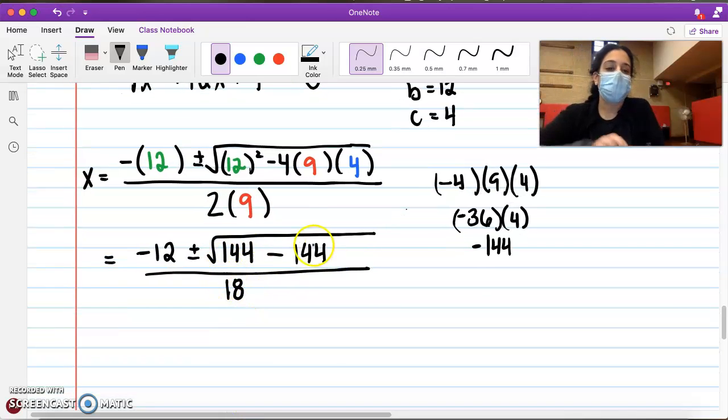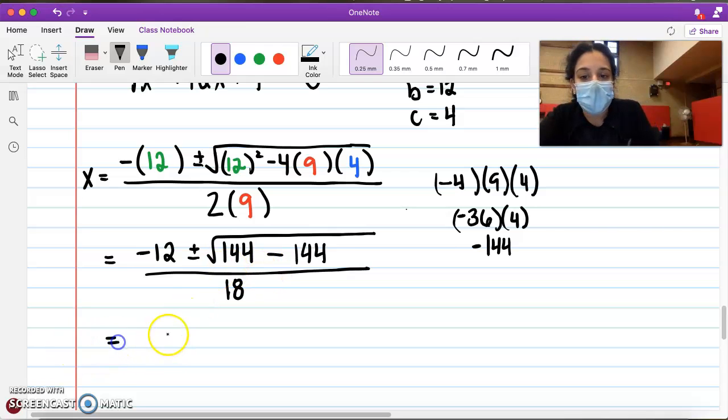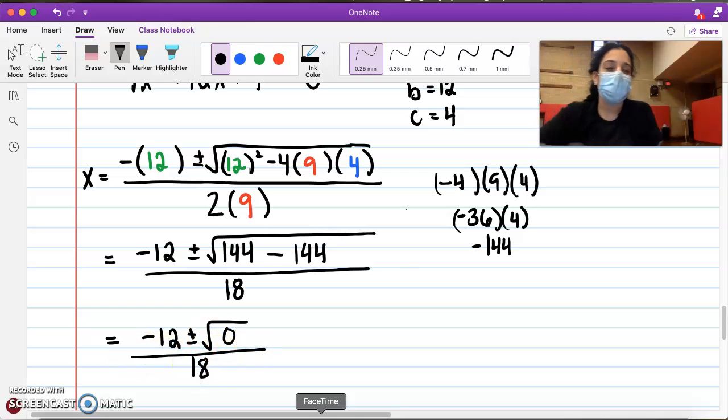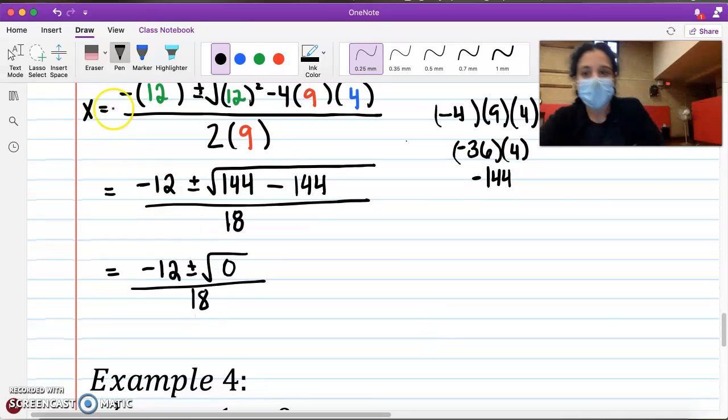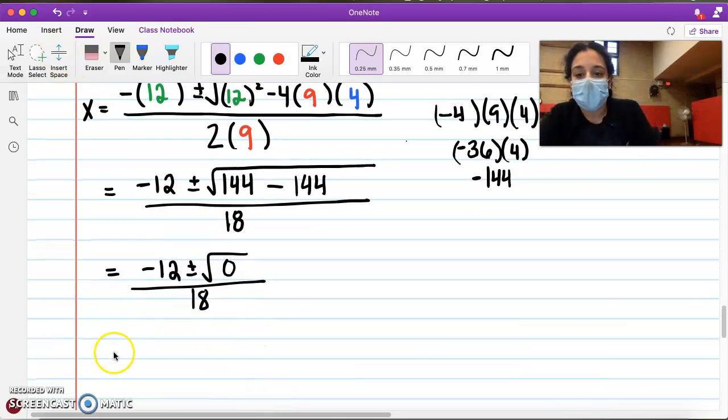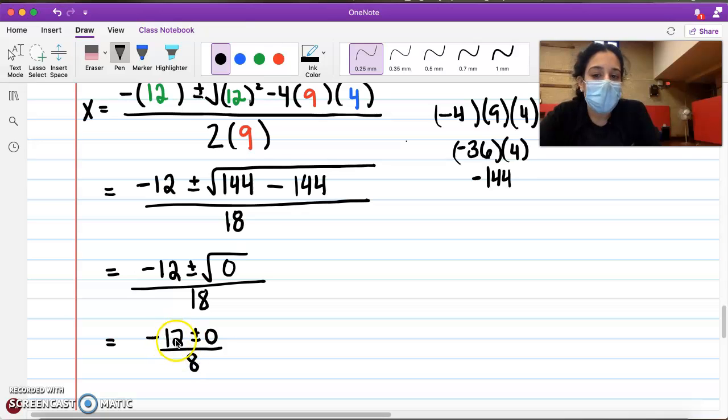What is 144 minus 144? It becomes the square root of 0 over 18. What is the square root of 0? What squared gives me 0? 0. So I get -12 plus or minus 0 over 18. Well, -12 plus 0 and -12 minus 0 is the same thing. It's just -12. So this is just -12 over 18.